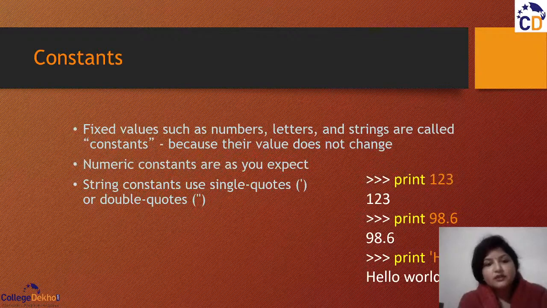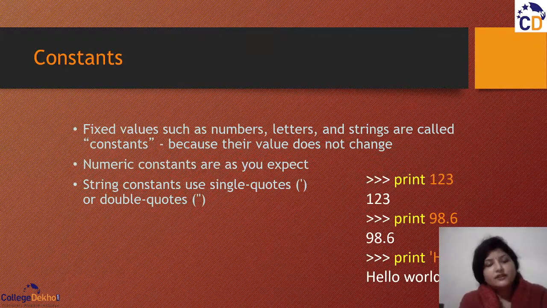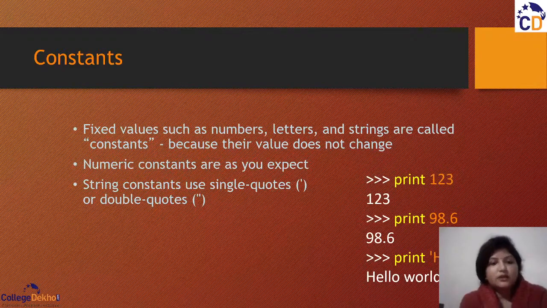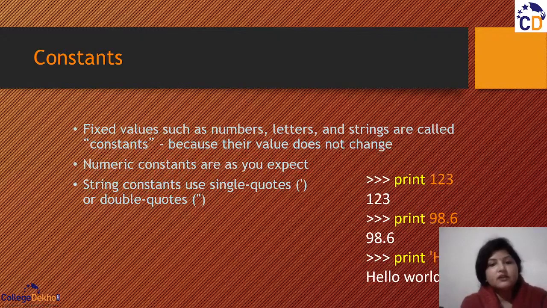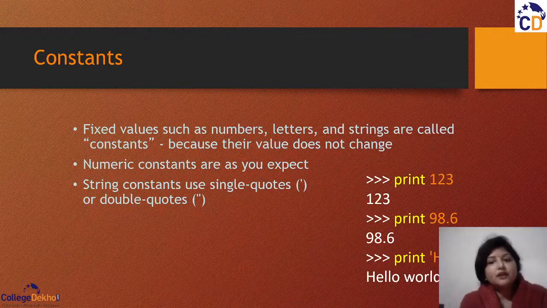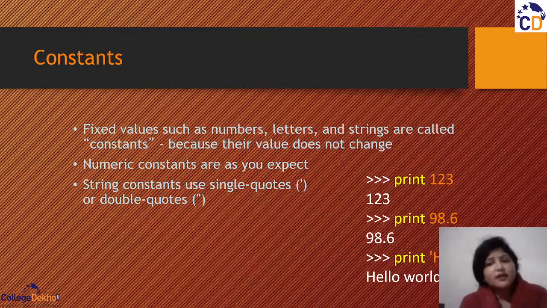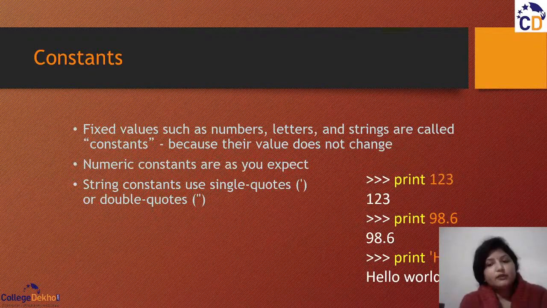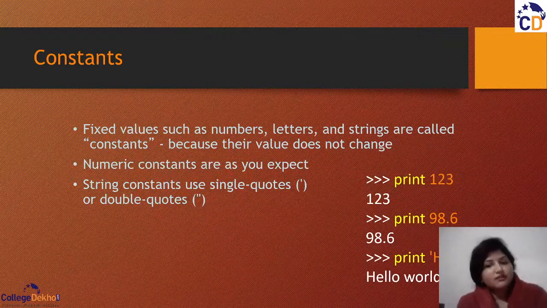Whenever a string constant is defined or initialized, it should be enclosed in single quotes or double quotes. In an example, you may see a print of a numeric value, 123. Then we have taken a float value, a decimal point number, 98.6, and printed that.